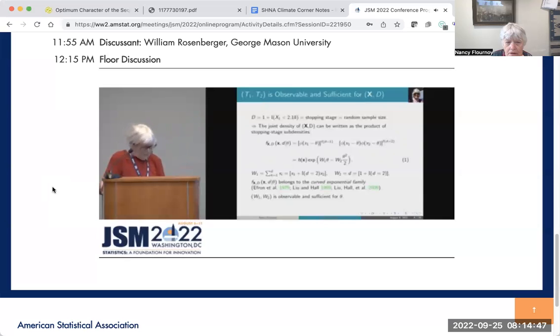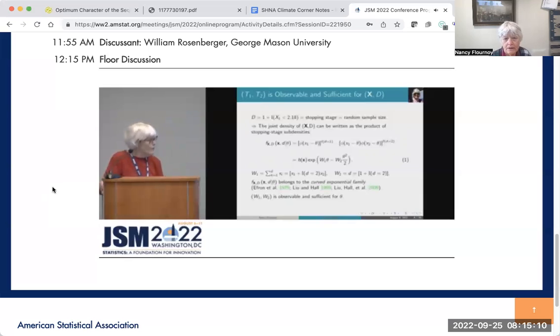But what we really have is no longer an exponential family. We have a curved exponential family. And this was recognized by Efron and by Liu and Hall a long time ago, but those papers seem to have been published and everybody forgot about it. So here they are.